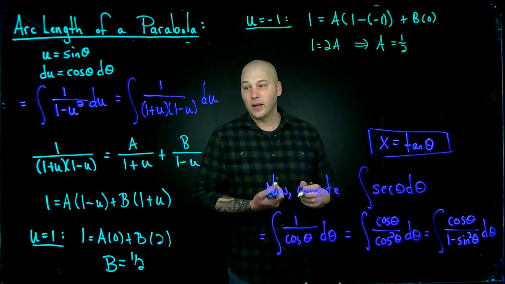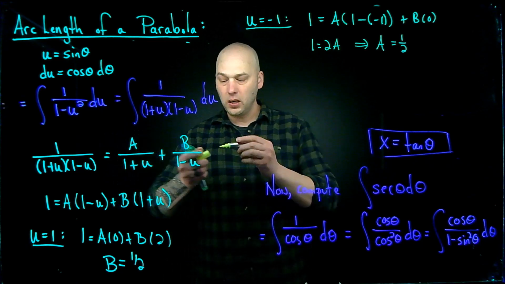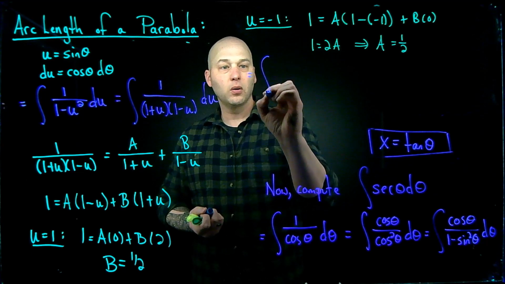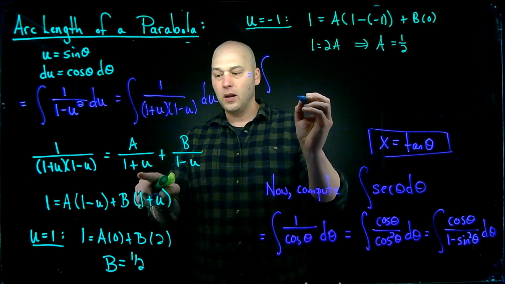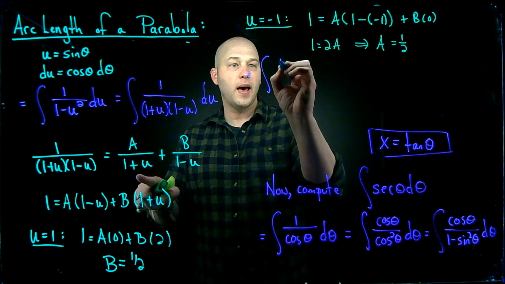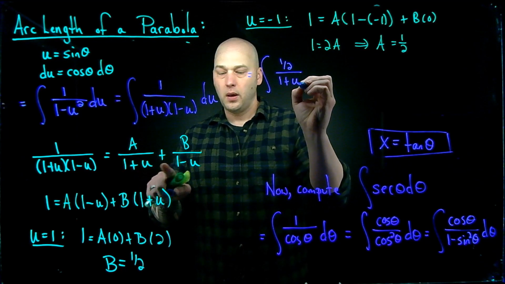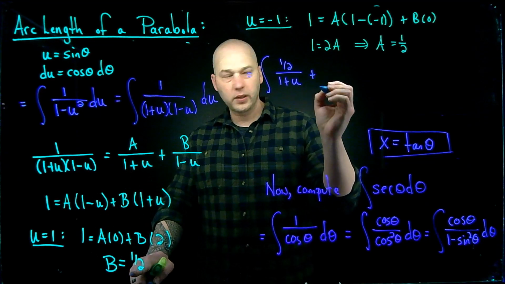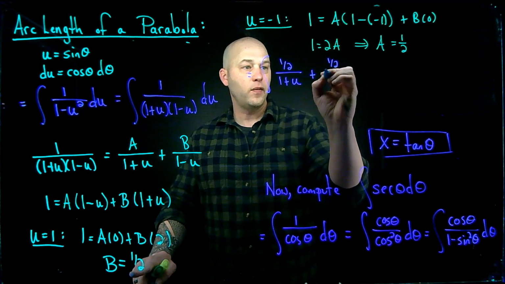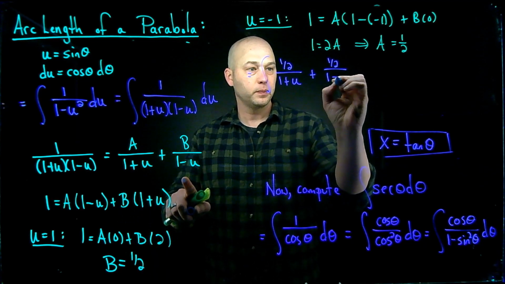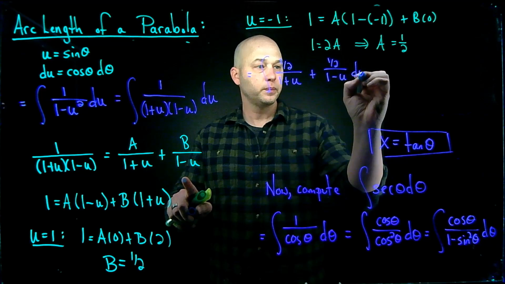All right, now I can go back to my u integral, and this is equal to the integral of A over 1 plus u, so 1/2 over 1 plus u, and then plus, B was 1/2, so 1/2 over 1 minus u, du.